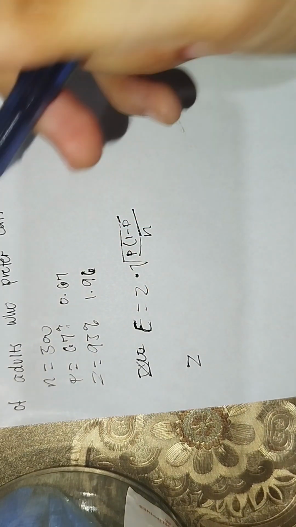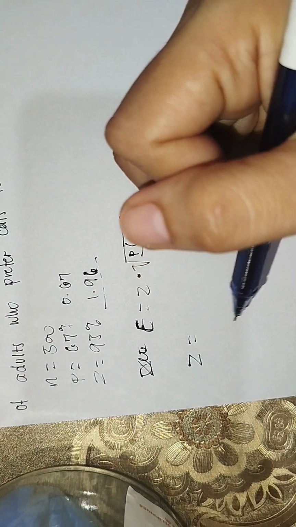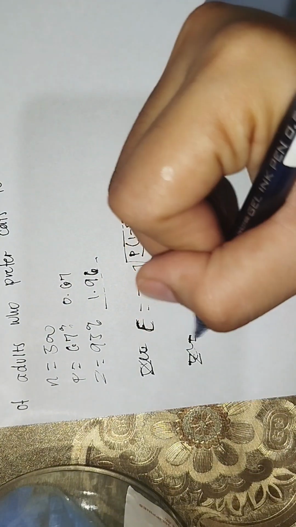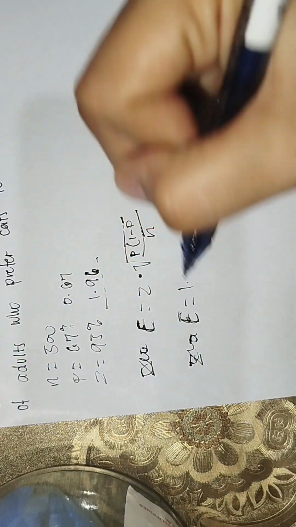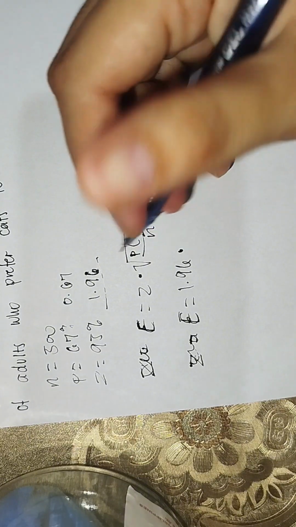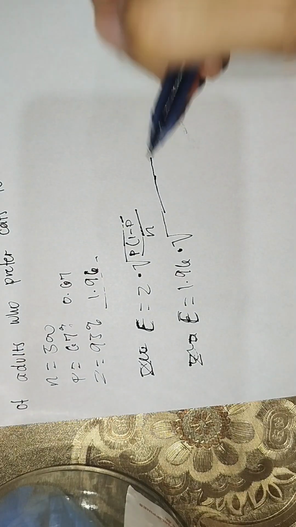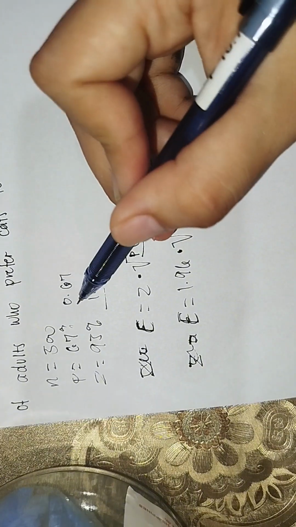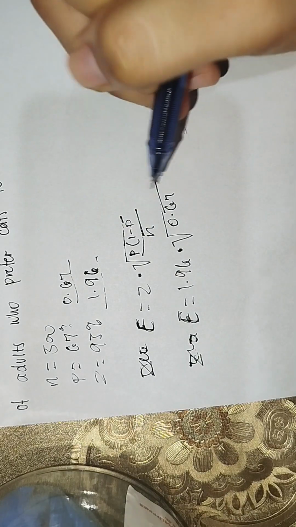So, E equals atong Z kay 1.96 times square root unsa man atong proportion kay 0.67.